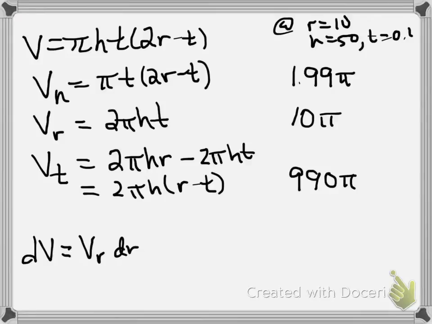So dV is the partial with respect to r times dr plus V_h times dh plus the partial with respect to t times dt. Now, as we look at this, notice that the partial with respect to t is 990 pi. It's huge. It's almost 100 times the partial with respect to r.